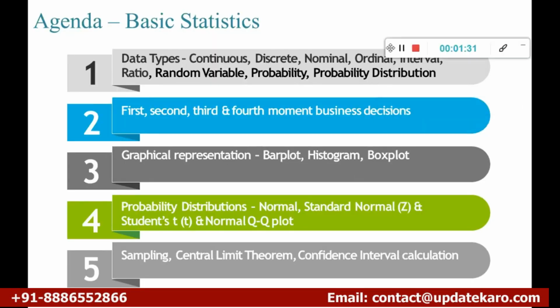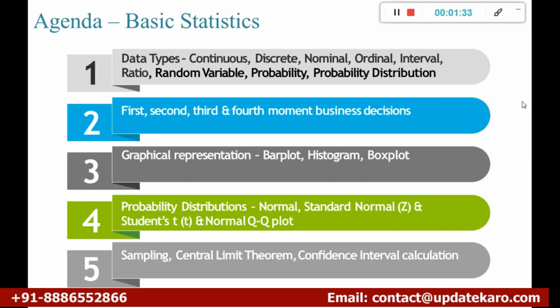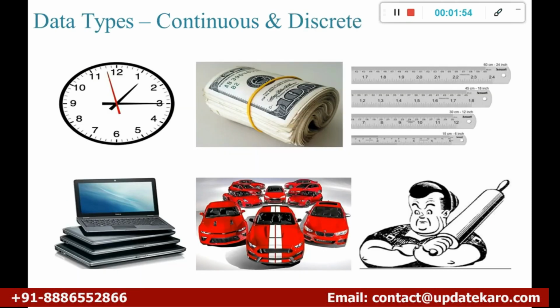We have already created one video for basic statistics. To begin with, we started with the data types, right? So this was the overall agenda for basic statistics, where the discussion will be on continuous and discrete data types. These are the broader classifications of data, and in our earlier video we have seen the definitions for both types of data, continuous data and discrete data.